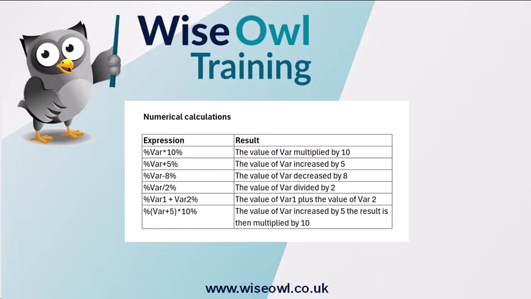And you can also, as with most calculations, control the order within which your calculation is performed with the use of brackets. So in this bottom example, it'll take the value stored in the variable called VAR, increase it by 5, and the result of that will then be multiplied by 10. So just some examples of typical standard calculations you can happily perform, remembering, of course, the calculation must be within the percentage symbols of the variable.